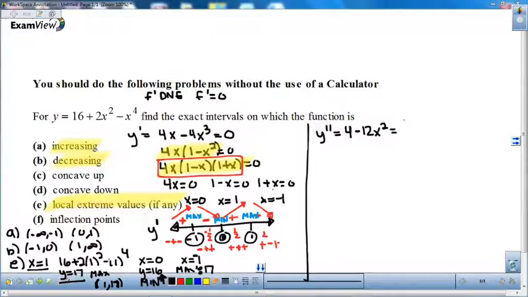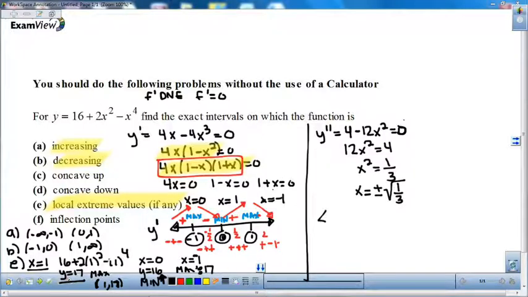I'm going to set that equal to 0. So 12x squared is equal to 4, or x squared is equal to 1/3, or x is equal to plus or minus the square root of 1/3.